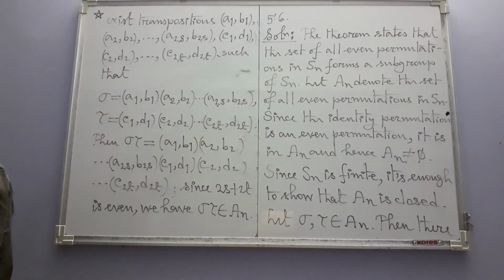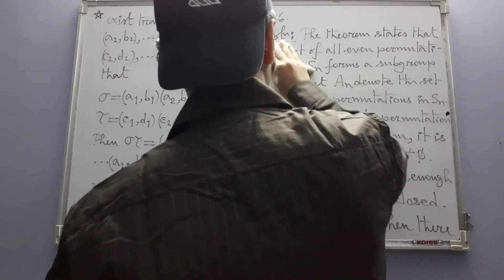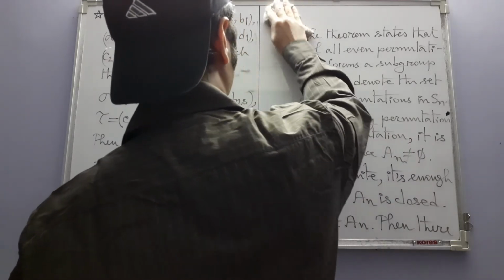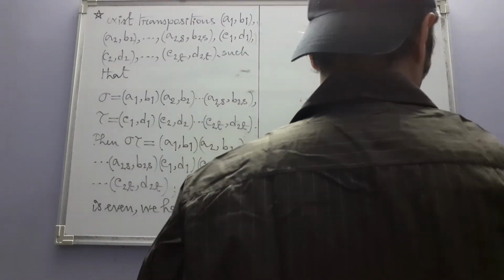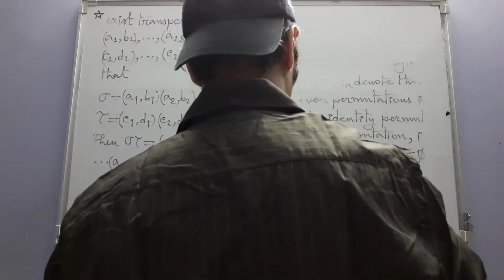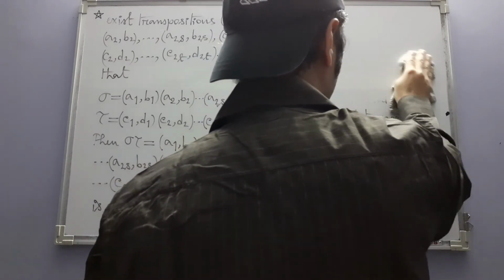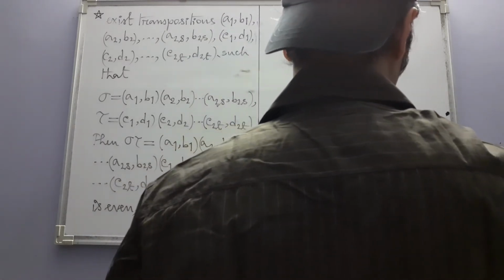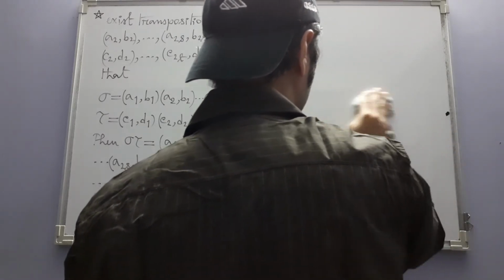You already know why it is denoted An, alternating group of degree n. That's what it is called. Note that the odd permutations will not form a subgroup, because that set will not have the identity permutation.